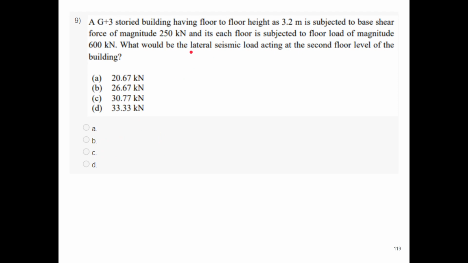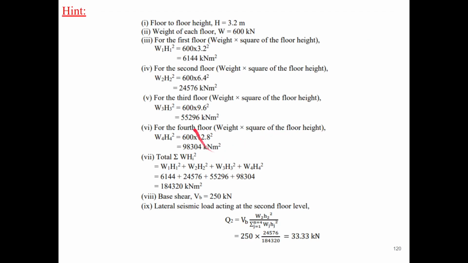So we need to find the lateral seismic load acting on the second floor of the building. If you remember, the formula is Wi hi square by summation of Wi hi square into VB. VB here is 250, and each floor has a load of 600. So let us see how to calculate.